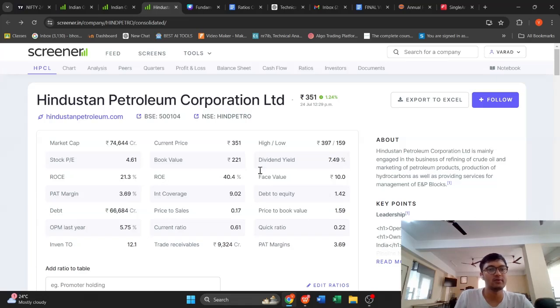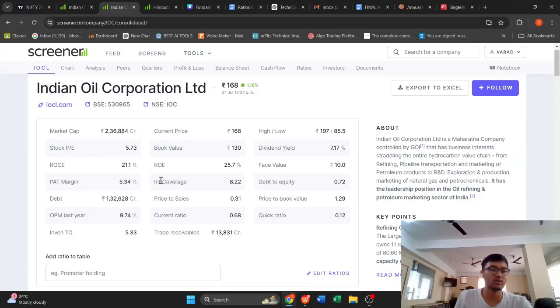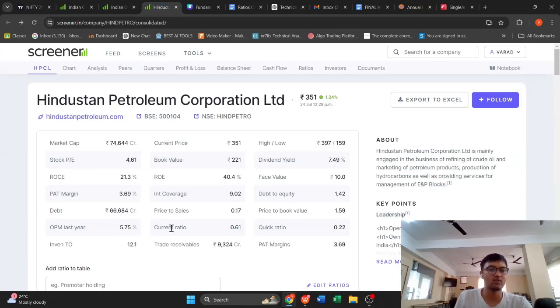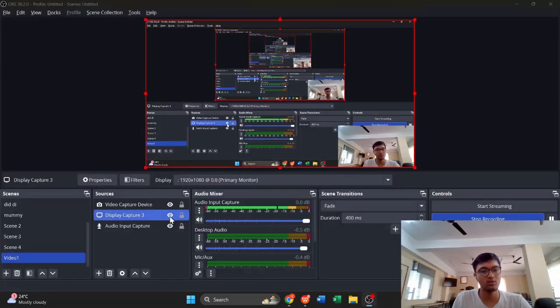So the company is able to receive more money from its sales compared to IOCL, and it is fairly a good number in the case of HPCL. So that is about the inventory turnover ratio.